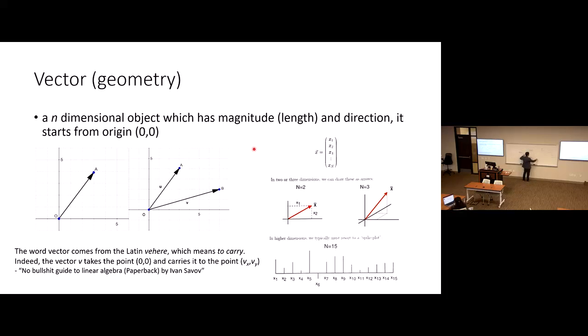So 3 here, 4 here, 1 point is somewhere here, okay? So by its coordinates, you can put this data point in the 3D space because you have 3 variables, so there's a 3D.